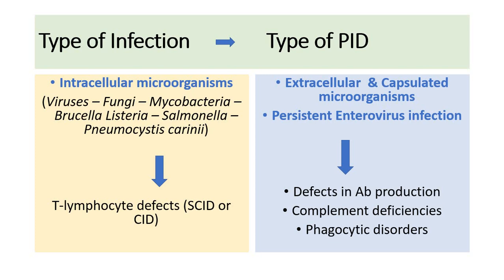Whereas if the main kind of infection is with extracellular capsulated organisms, because capsulated organisms require antibody and complement in order to opsonize this capsule, making it visible for the immune system, I should suspect that the problem lies in antibody production, in complement deficiency, or in phagocytic disorders.